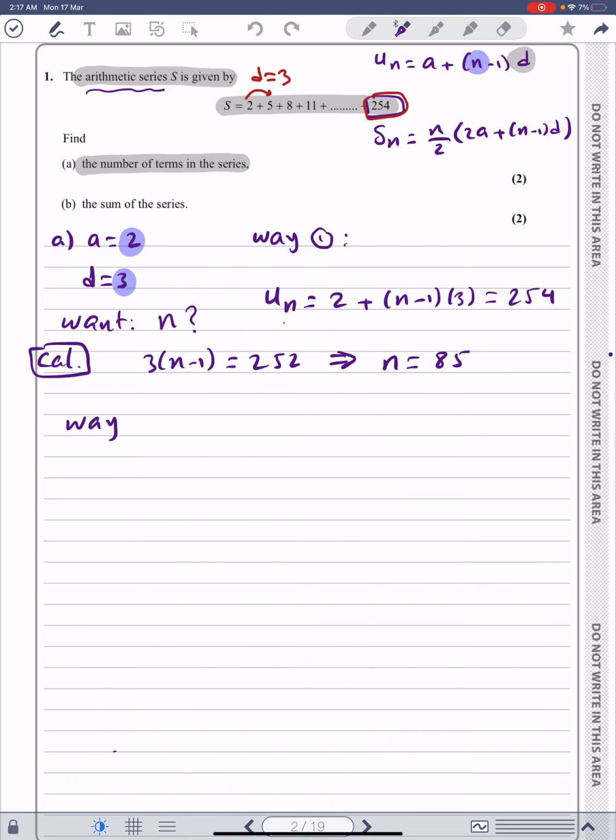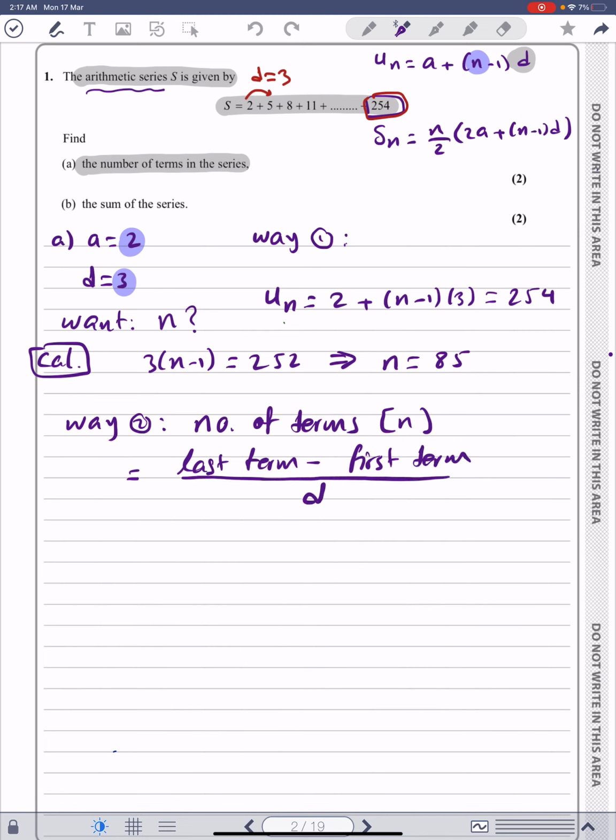I may claim that method 2 is faster. It depends on your nature, how you think in the questions. So we may derive a formula to find n, the number of terms. n is equal to the last term minus the first term, all divided by d, which is the common difference, plus 1.